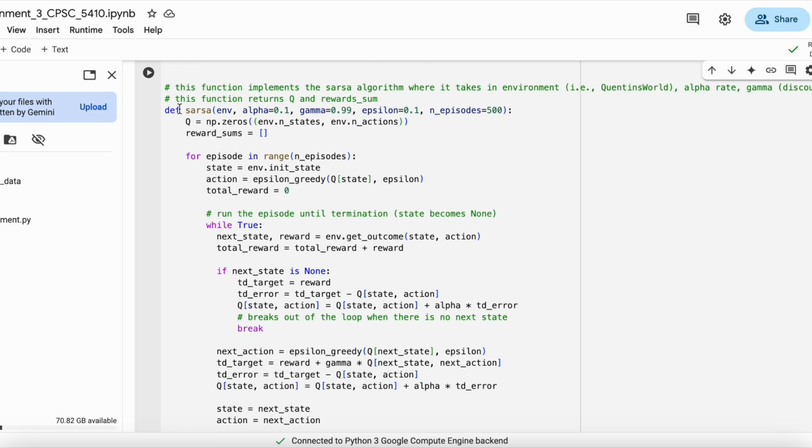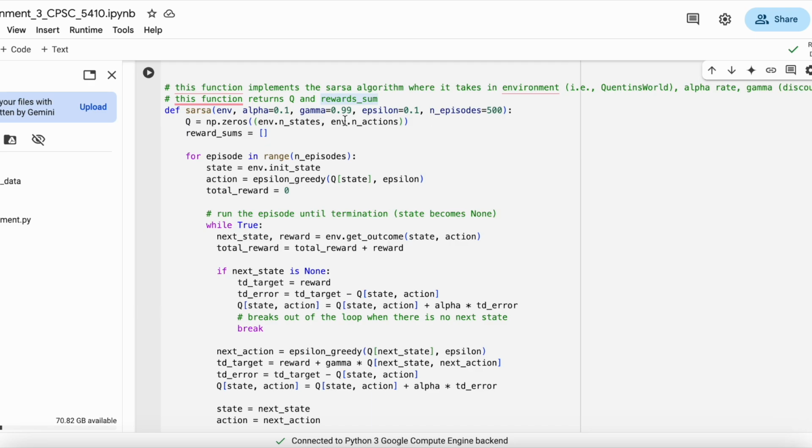Now we're moving on to this other function I defined. This is the algorithm, and it requires these parameters: the environment, alpha, which is the learning rate, gamma, which is the discount factor, epsilon, which is the probability for the epsilon greedy function, and the number of episodes.